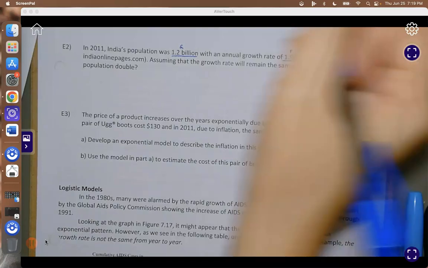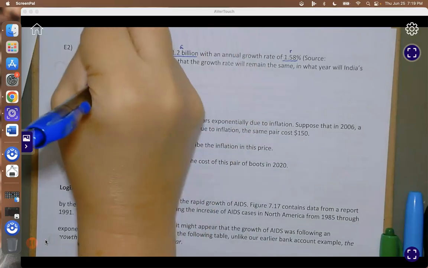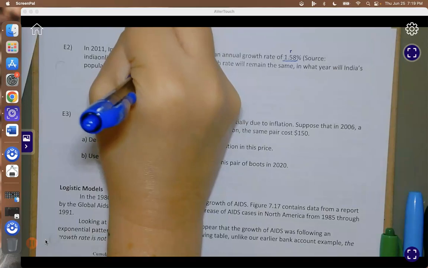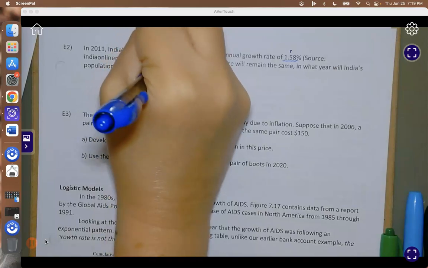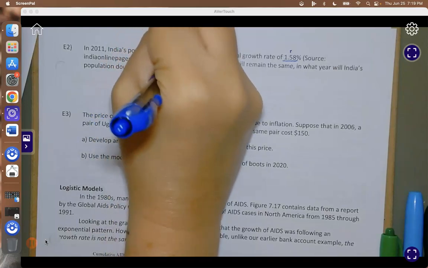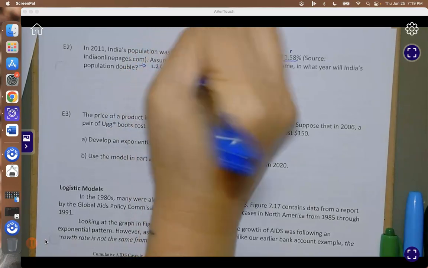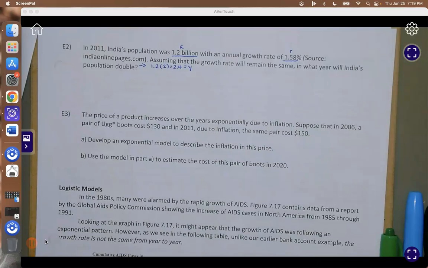So, they are telling me that the population 1.2 will double. So that will be 2.4. So they're telling me what y is. We're going to have to solve for t.